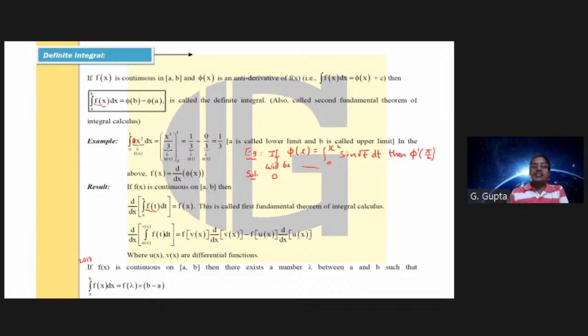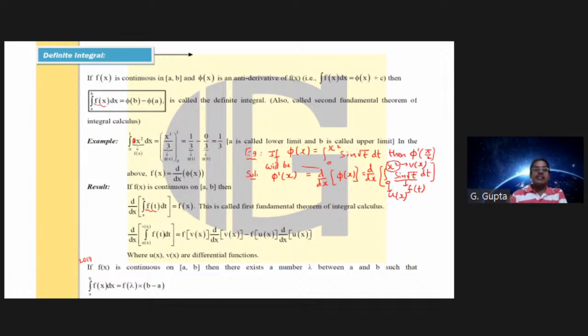What is phi dash x? Before phi dash pi by 2, we should find phi dash x. That is d by dx of phi of x, that is d by dx of the integral from 0 to x square of sine root t dt. Just compare this function with f of t, this 0 with the lower limit u of x, and this x square with upper limit v of x.